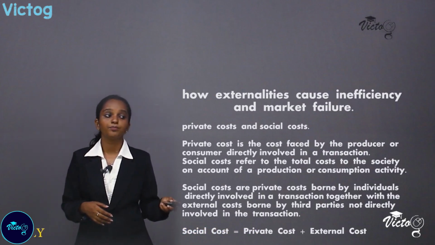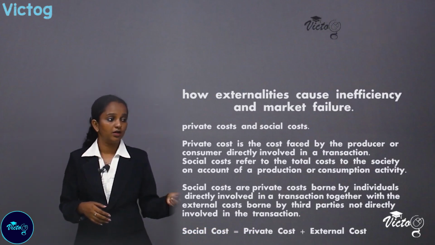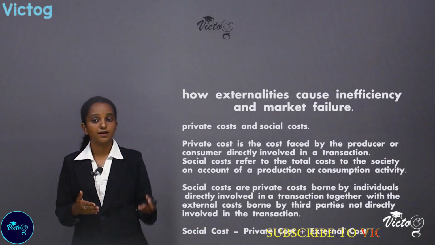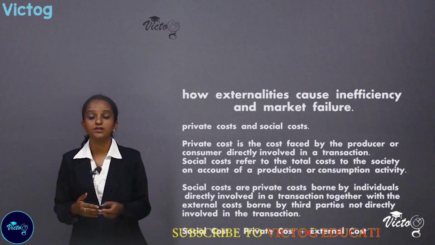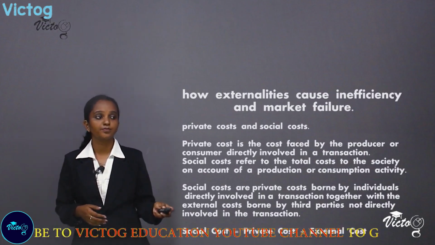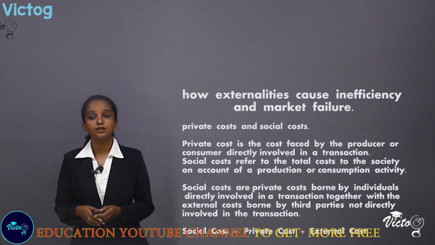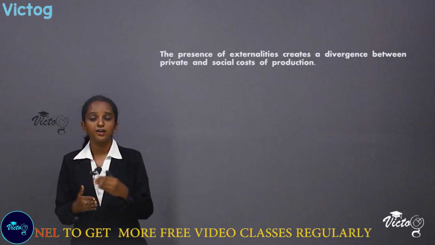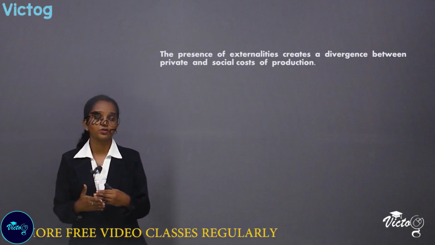Social costs are the private costs borne by the individuals directly involved in the transaction, together with external costs borne by third parties who are not directly involved in the transaction. So social cost includes private cost plus external cost. Thus, the presence of externalities creates a divergence between private cost and social cost of production.